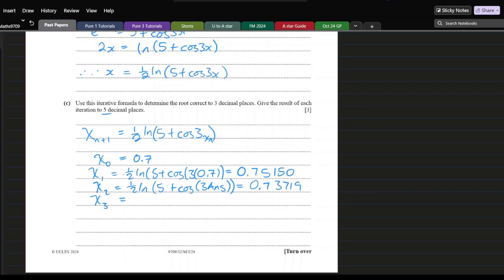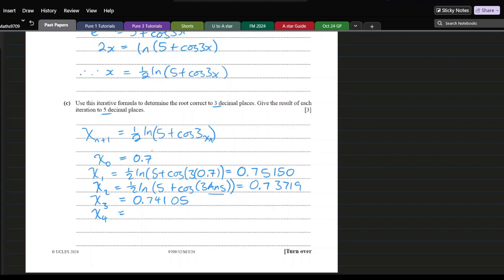Don't change anything on your calculator. Since ans is storing the value of our previous iteration, we can press equals. So that's 0.74105. They want the answer to 3 decimal places. Okay, I thought we had our answer, so let's keep going.